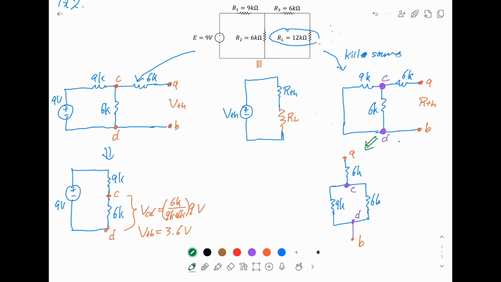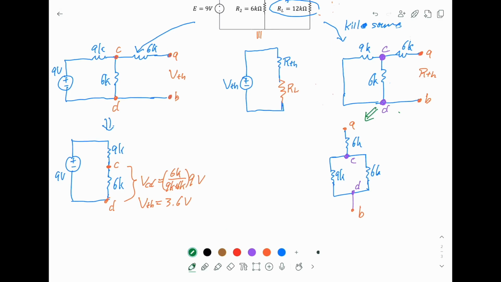Now this is easy. The resistance across AB is 6K in series with 9K and 6K. These last 2 are in parallel. So we can write this down like an engineer. We say that R Thevenin is equal to 6K in series, so it's just plus, with the 2 resistors, which are 9K and 6K, but this time they are in parallel, so we have to put a special sign here.